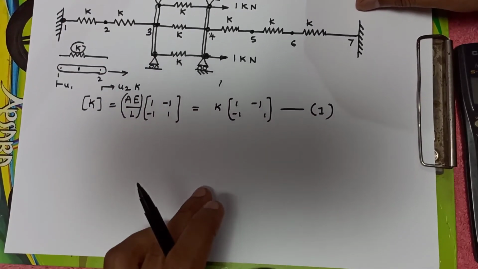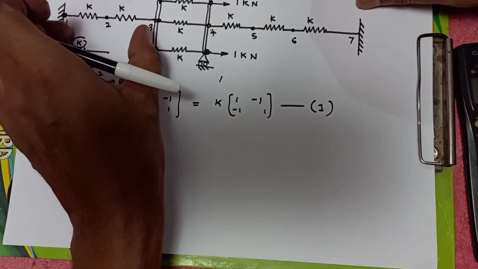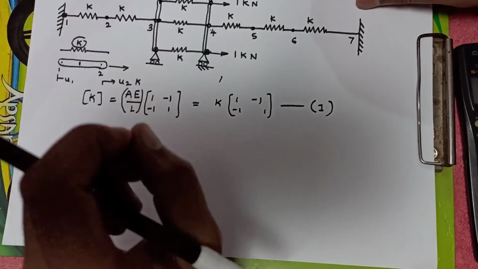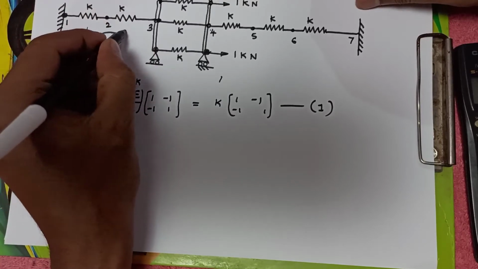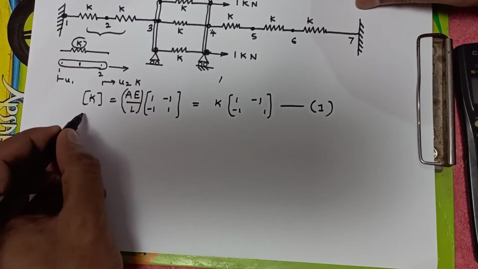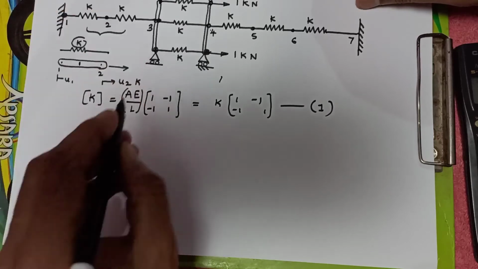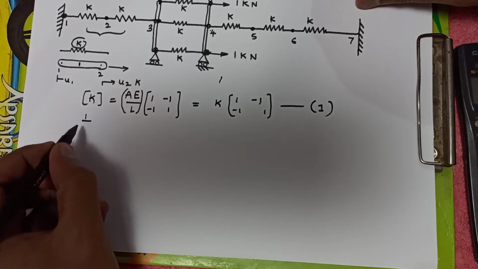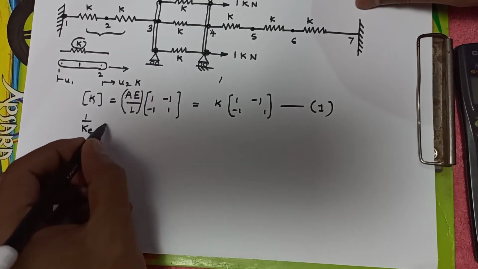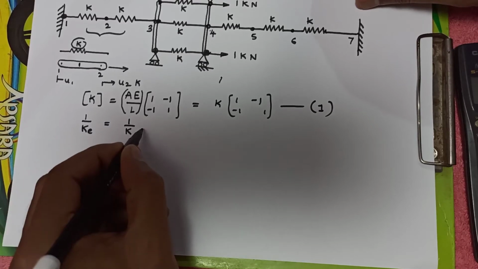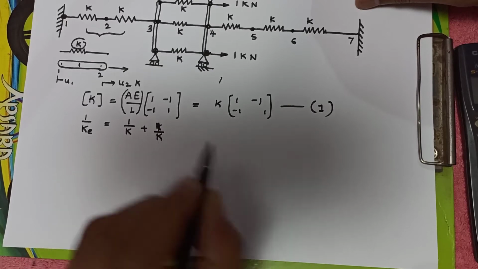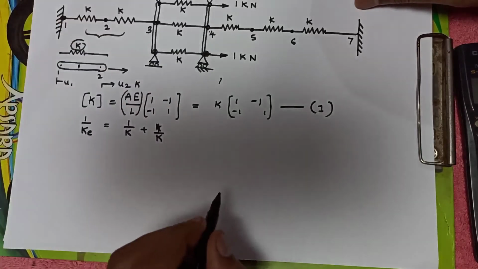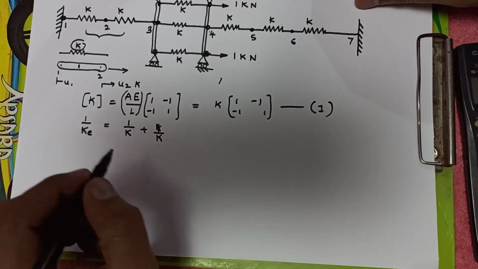Before that I want to explain how you can form this stiffness. So here the springs are connected in a series. The equation to calculate Ke is 1 by Ke equal to 1 by K1 plus 1 by K2, like that it will be there. Okay, now there are two springs for the spring element.